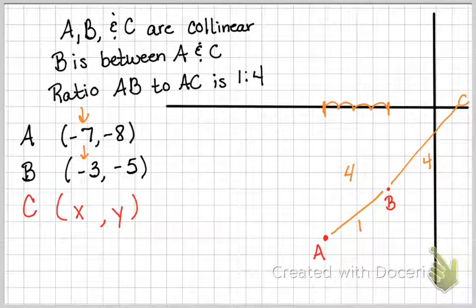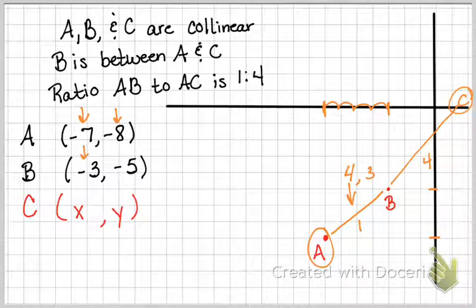Okay, now let's look at our y's. So how do we go from here to here? If we look at our y's, we can see this is 1, 2, 3. So that was a movement of 3. So if we want to know how far from A to where C is going to be, our x's were 4, and this is a ratio of 1 to 4, we can multiply 4 times 4 and we get 16.